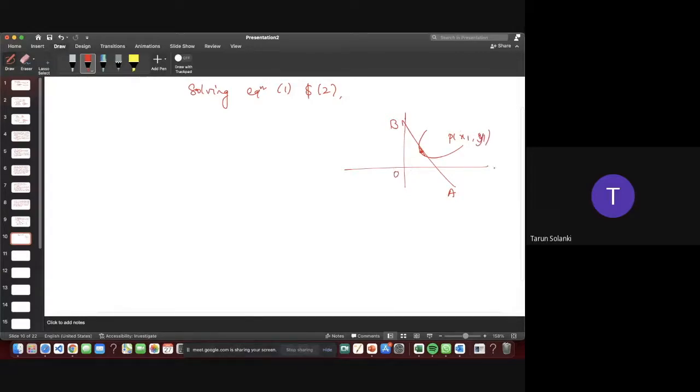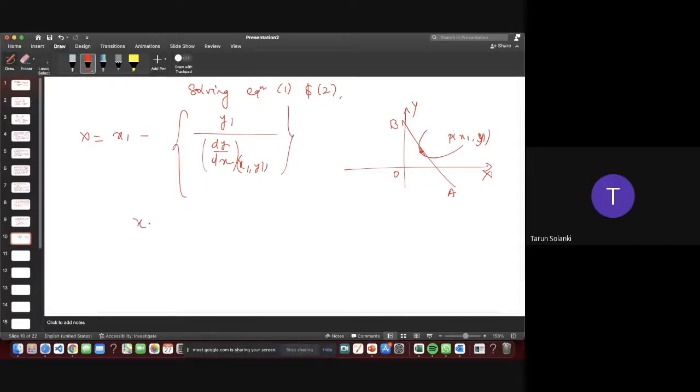This is O, this is x, and this is y. So we can write x is equal to x1 minus y1 dy by dx at x1 and y1.